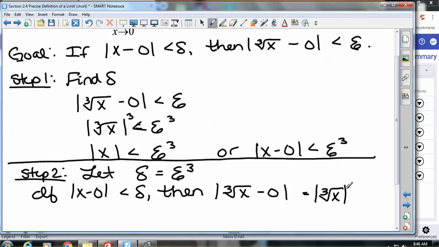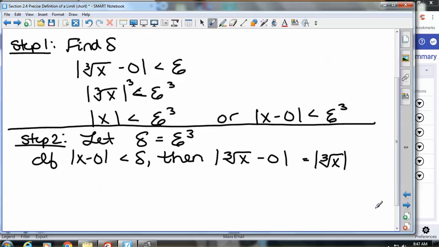Alright. If you are going to take the cube root and an absolute value, does it matter which one you do first? Like, if I said the cube root of negative 27, what is that? Negative 3, and the absolute value is positive 3.